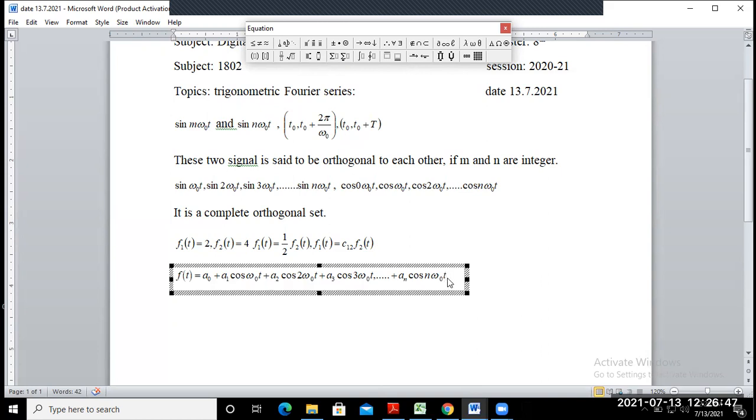Similarly for the sine function, how much? It starts from, suppose, coefficient b1.